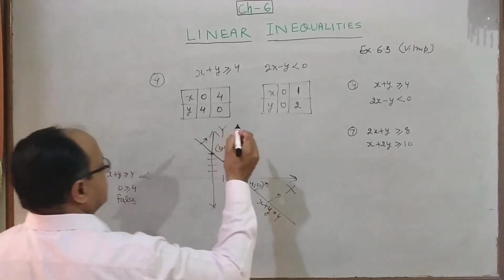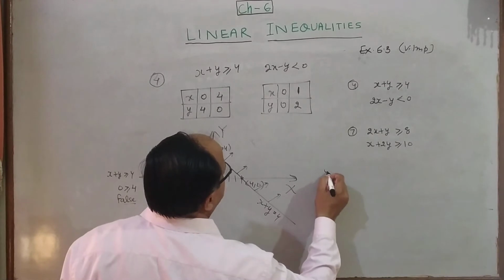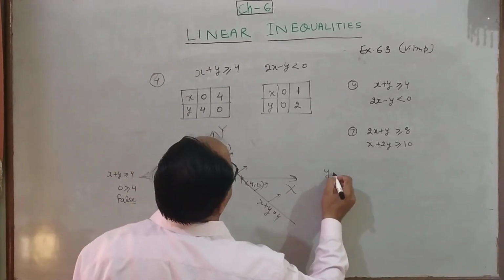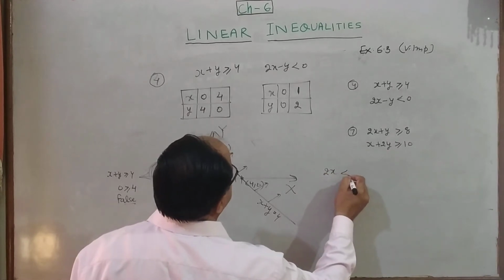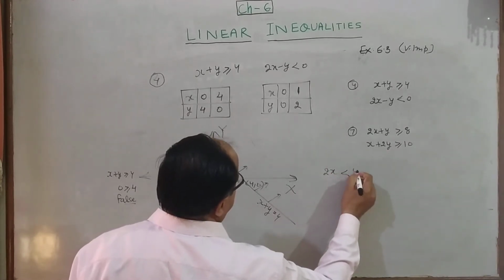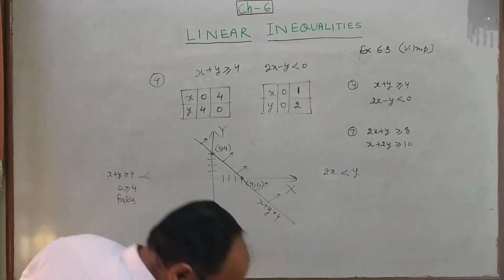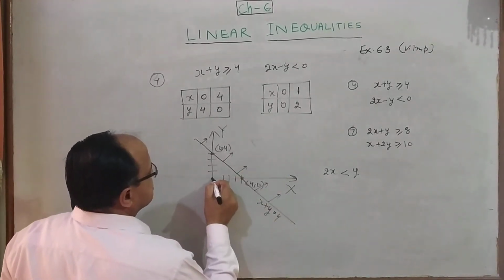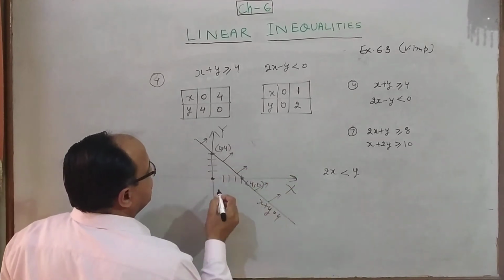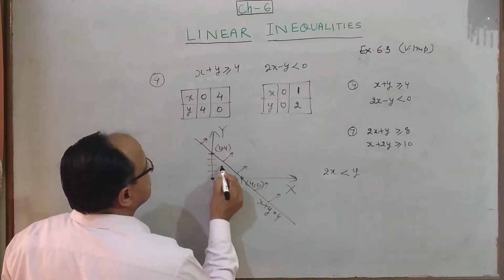Next, second equation: 2x less than y. The point 0, 0 means the line passes through the origin. And 1, 2, this is 1 and this is 2.